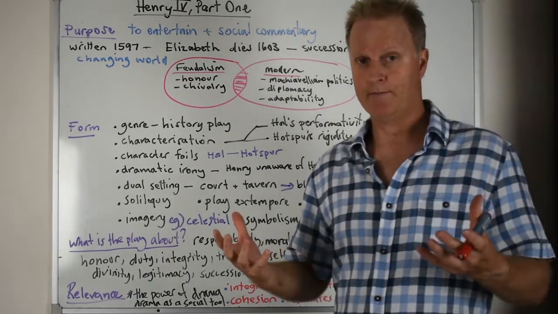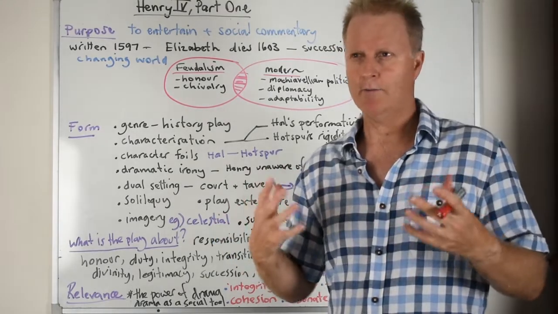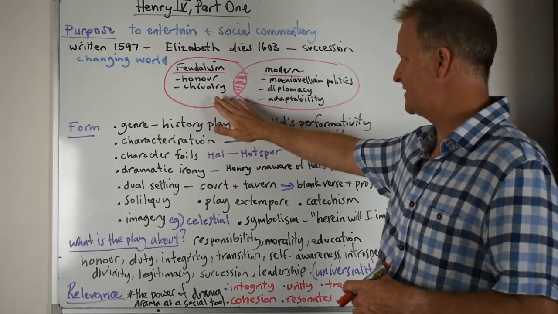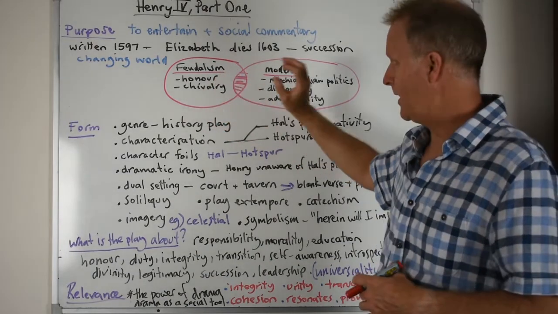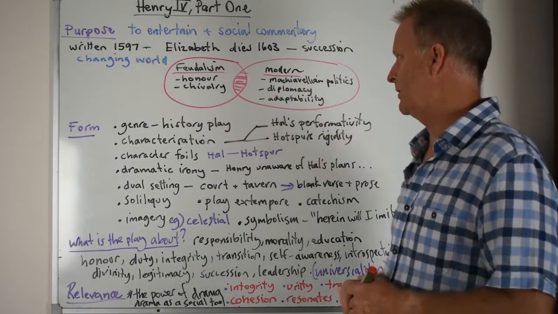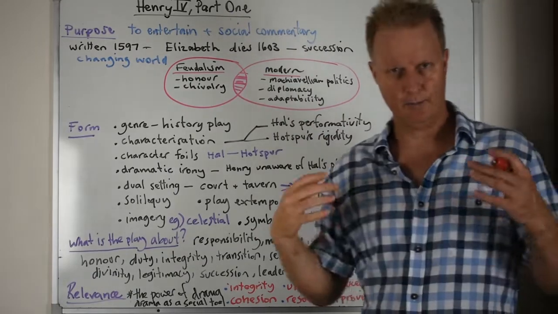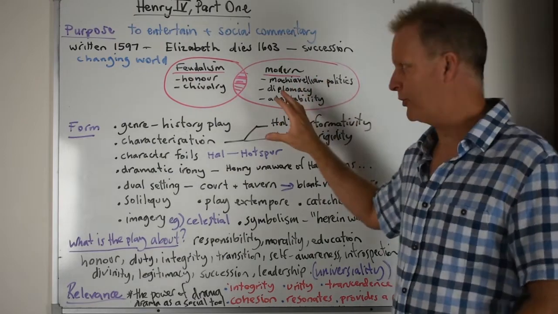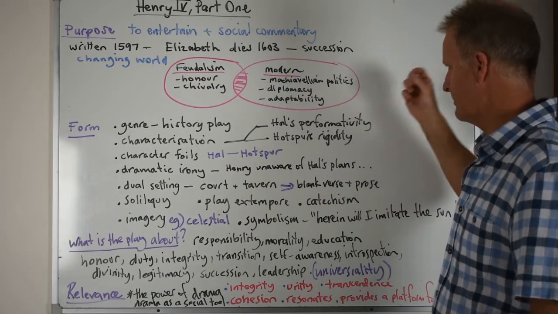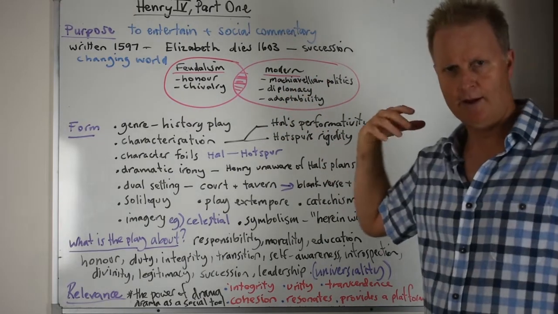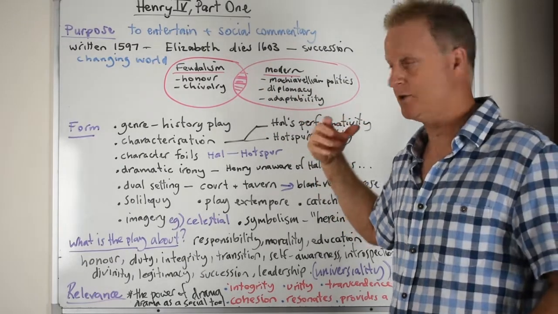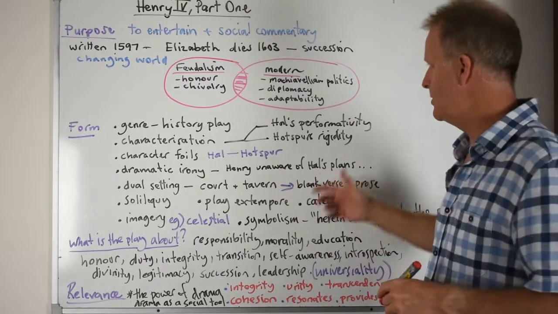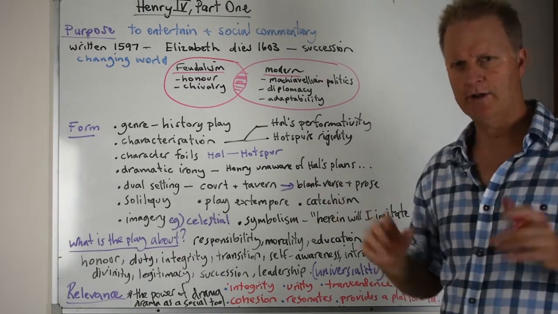At that time, England was in a position where the world was changing, and they were moving from a feudalistic point of view, a world view that really focused on honour and chivalry and battles, things like that, and they were moving into a modern world that demonstrated things like Machiavellian politics, the ability of leaders to be diplomatic but also adaptable, and having a bit of fluidity.